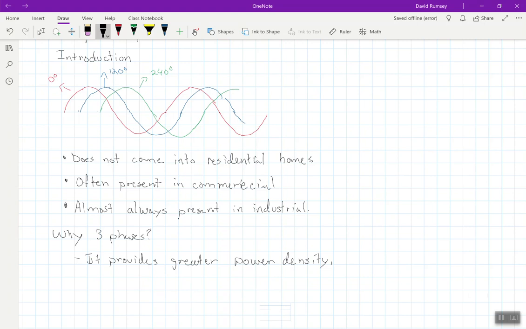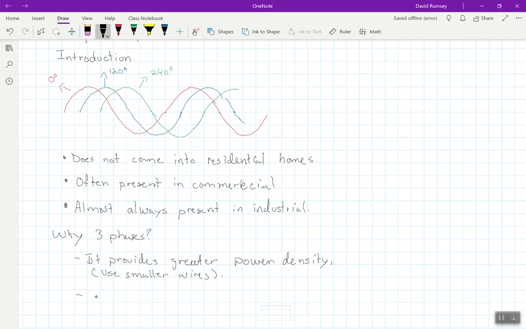If it provides greater power density, what that means is we can use smaller wires. We don't have to use as large a wire, so it actually can reduce costs, because wire can be a very large cost. If you're talking about having to have very thick copper wires, that can be a pretty big deal.